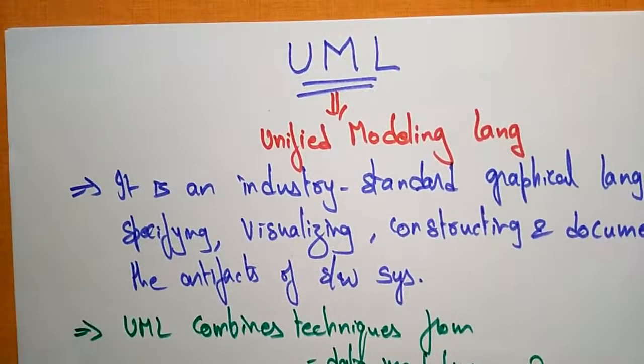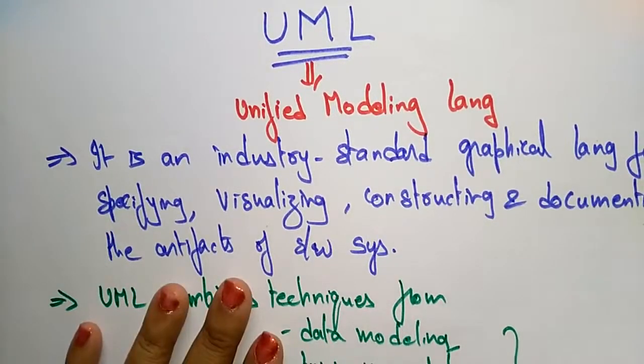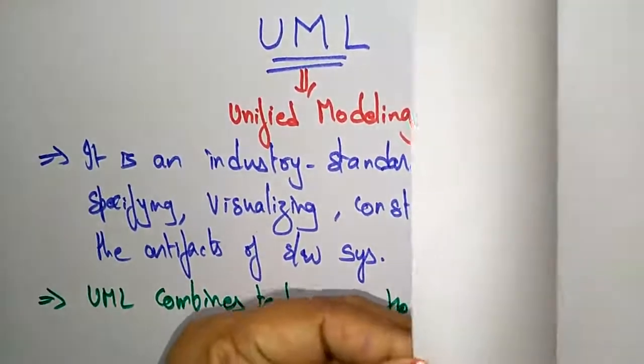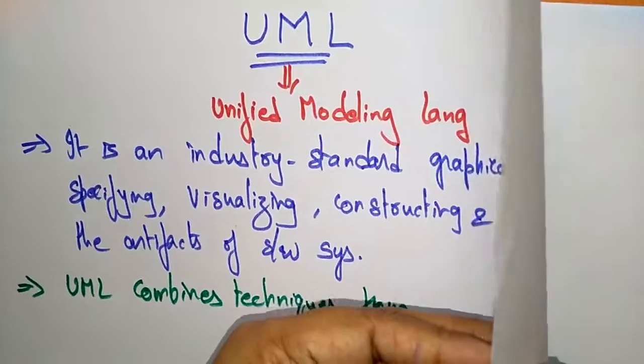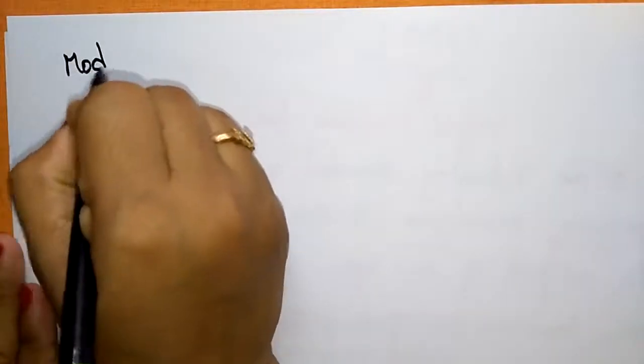Now let us see what modeling is and the different types of modeling. There is a difference between a UML model and a set of diagrams of a system. If you take any diagram, a diagram is a partial graphical representation of the system model.